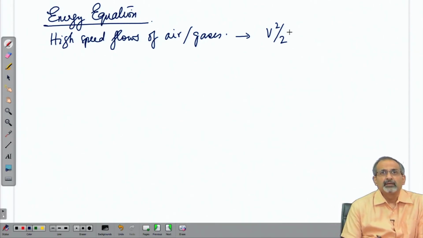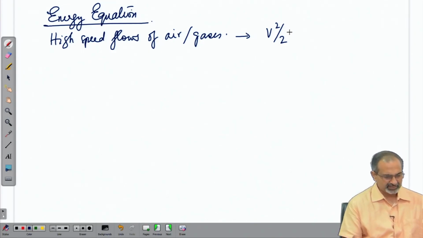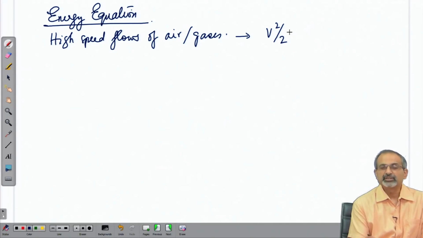And we know that the energy and entropy issues of a gas flow will be handled through thermodynamics concepts, and thereby we invoke the first law of thermodynamics, which involves energy conservation, into the picture when we are handling such high speed flows. In general, high speed flows are also compressible flows.